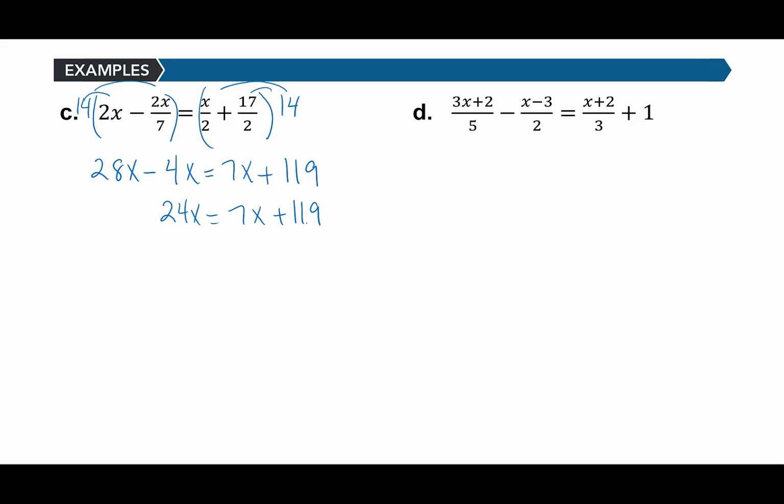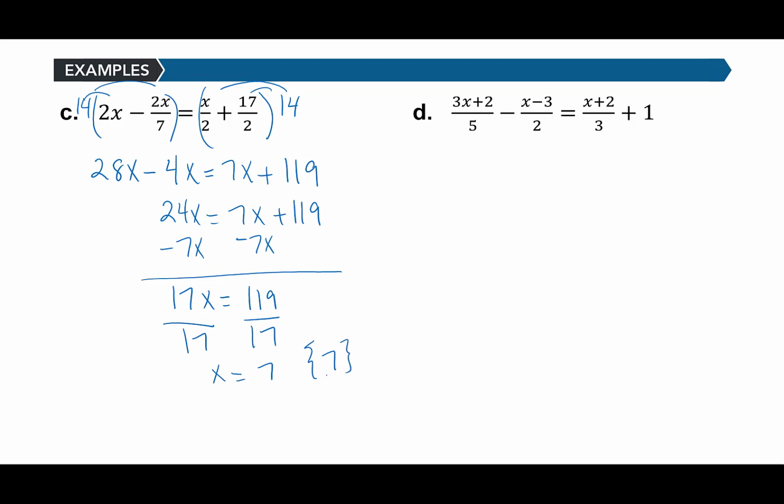Now I need to get the variables to the left, and I can do that by subtracting 7x. 24x minus 7x is 17x equals 119. So now we can divide each side by 17. And 119 divided by 17, we saw earlier, is 7. So our solution set is the set containing 7.